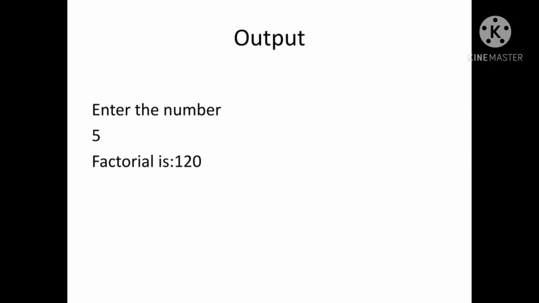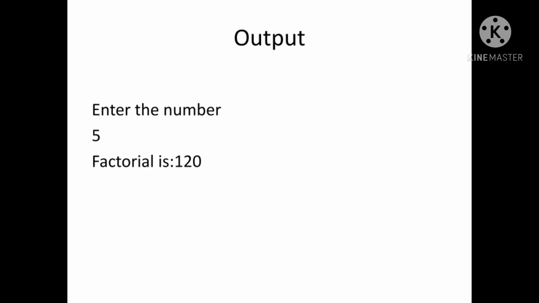So factorial of 5 is 1 into 2 into 3 into 4 into 5. So 1 into 2, answer is 2. This 2 will get multiplied with the next number, that is 3. So 2 into 3, 6.